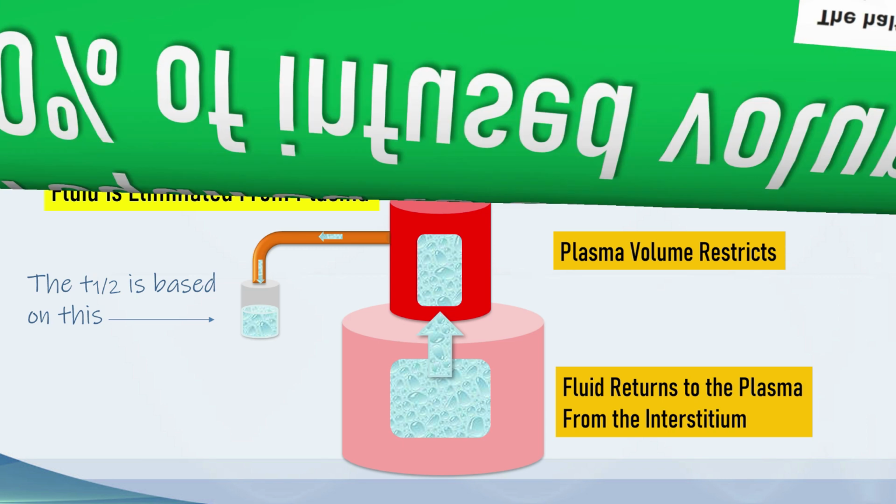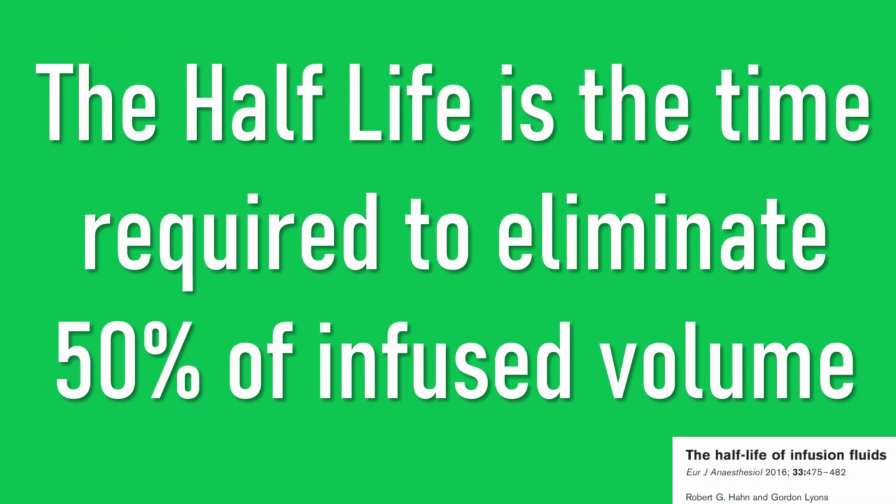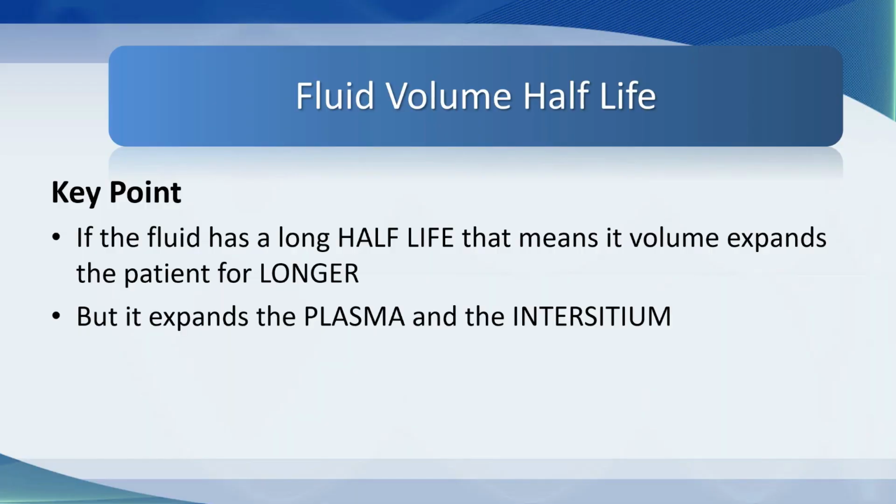So the half-life is the time required to eliminate, not redistribute, eliminate 50% of the infused volume. A key point is, if a fluid has a half-life that is very long, it means it volume expands the patient for longer, but it expands both the plasma and the interstitium. So you'll get the benefit of plasma volume expansion, but the detriment of interstitial space expansion and all of the complications associated with tissue edema.